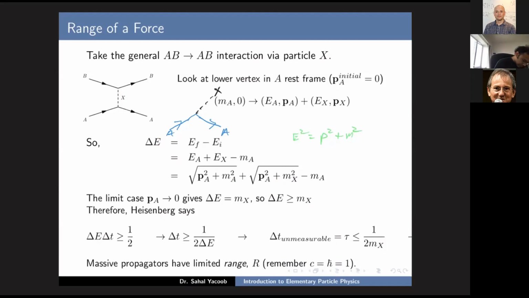If everyone's okay with that, we can then turn ourselves to the Heisenberg uncertainty relationship. So delta E, delta T is greater than or equal to 1/2. This means delta T is greater than or equal to 1/2 delta E. What this tells us is we can borrow energy up to the amount delta E as long as we don't look at the system for longer than the value delta T. Remember, this equation sets the limits on what we can measure.